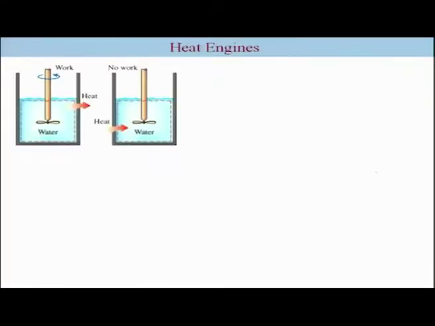Let us just take an example which is well known to us. For example, you have a stirrer in a container having water, and while we rotate this shaft, we are doing certain work, and because of that heat is generated. That means the work is getting converted into heat.